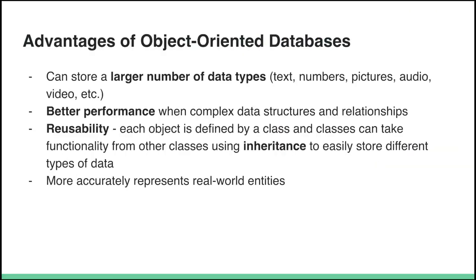So we're going to go over some of the advantages and disadvantages of object-oriented databases over relational databases. The first is that we can store a larger number of data types in object-oriented databases, in objects, than we can in tables in relational databases. So we can have text, numbers, pictures, audio, video, pretty much whatever we want within reason.